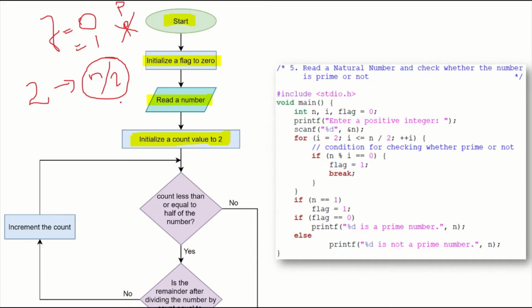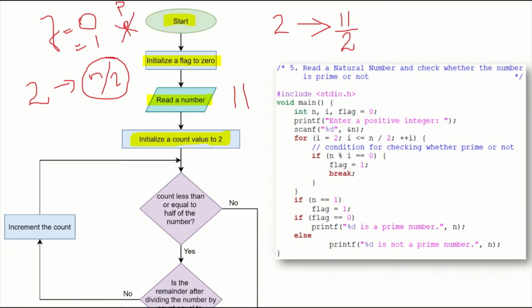For example, we will take a number 11. We will take a prime number itself, a number equal to 11 as the number we read, and we are initializing the count to 2. So actually we will be dividing and checking the numbers from 2 to 11 by 2.